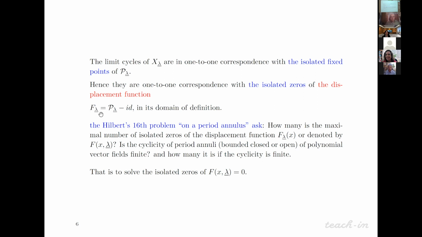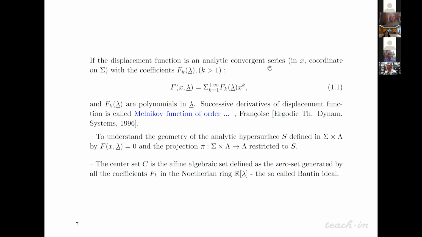So today the Hilbert problem is to study the displacement function and how many isolated zeros this function has. If the displacement function is an analytic convergent series with coefficients f_k of the parameters lambda, we can write the expansion this way.